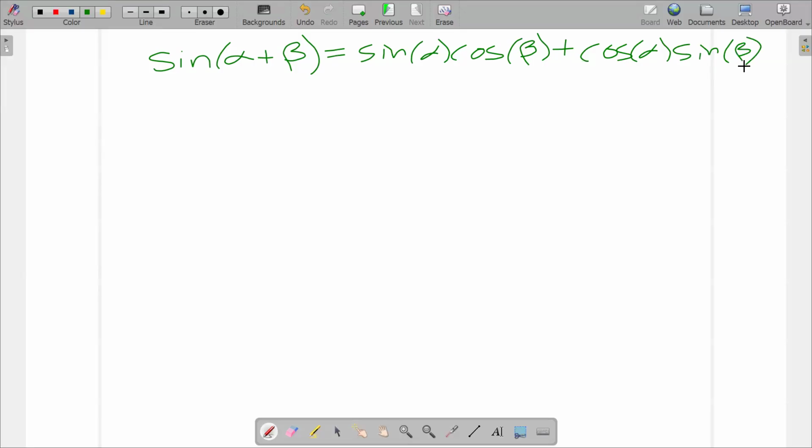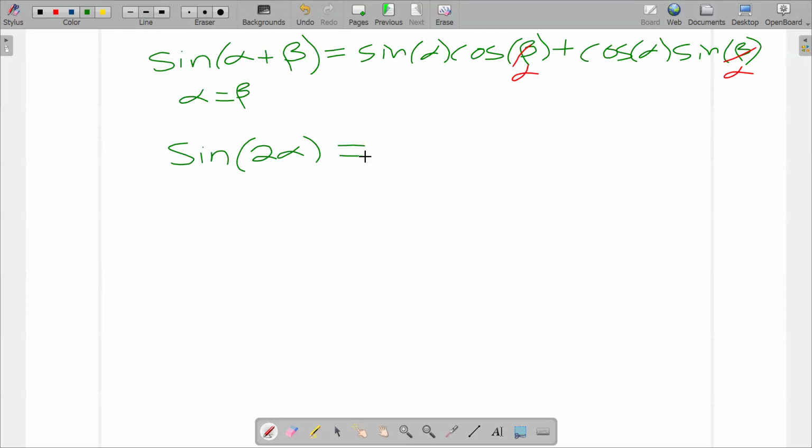And what I want to do is let those two angles equal each other. So alpha equals beta, so that I can just replace the betas here with alphas. So I end up with the sine of alpha plus alpha, or 2 alpha, right? Double of an angle, is equal to sine of alpha cosine of alpha plus cosine of alpha sine of alpha.